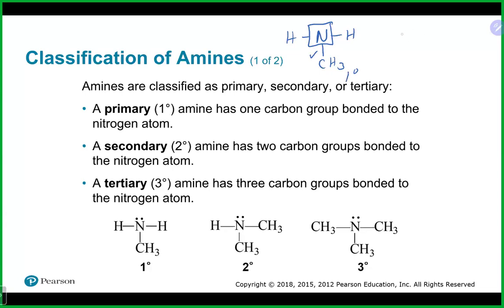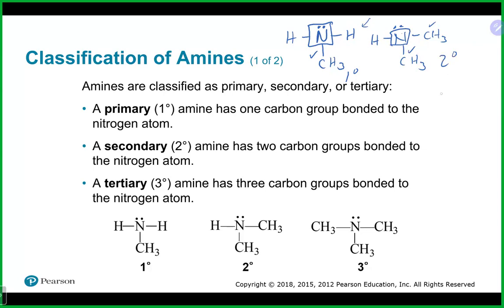If we take our nitrogen, and like I said, there are these dots that sometimes are not drawn on the nitrogen, we'll pop those dots on there this time. And we get something like this. You can see we put one extra carbon group on. We lost the hydrogen from over here. And now attached to this nitrogen, one carbon, two carbons. This is going to be a secondary amine.